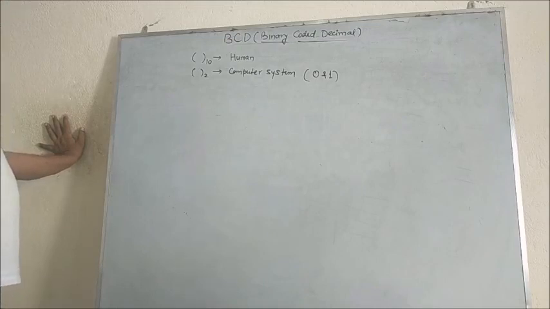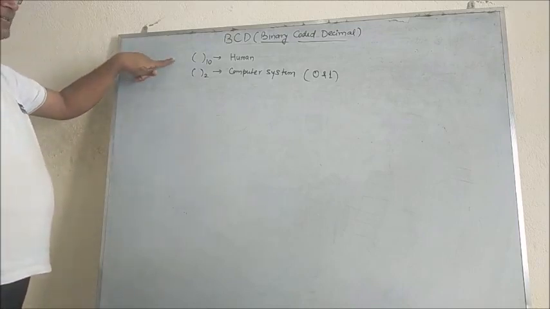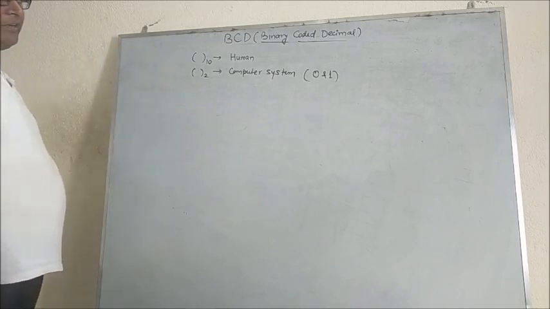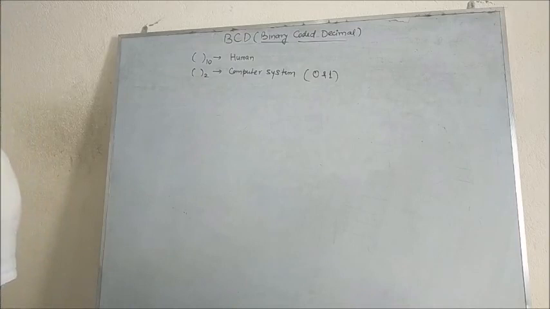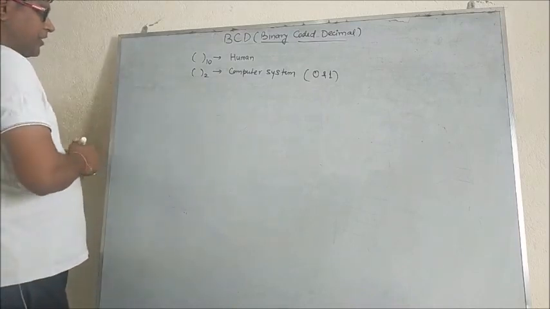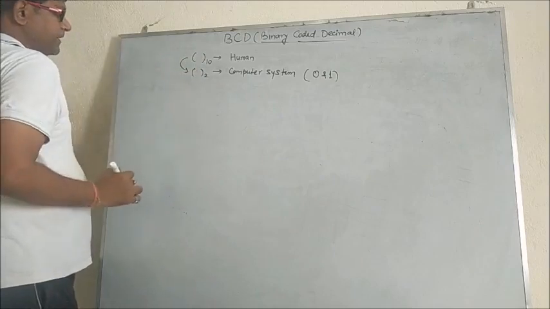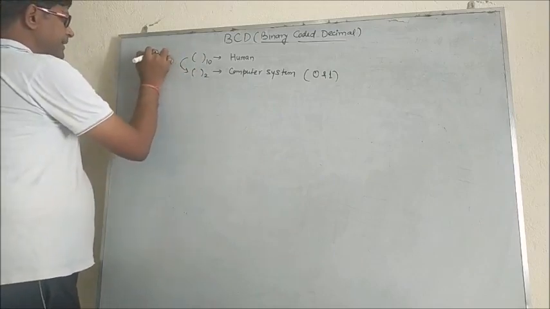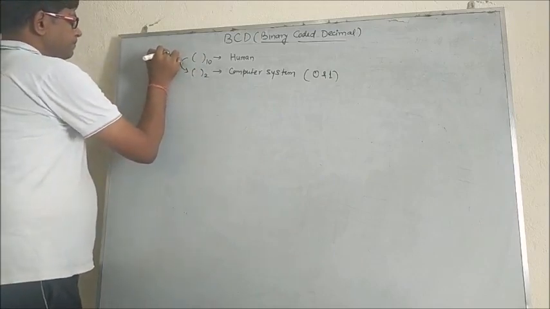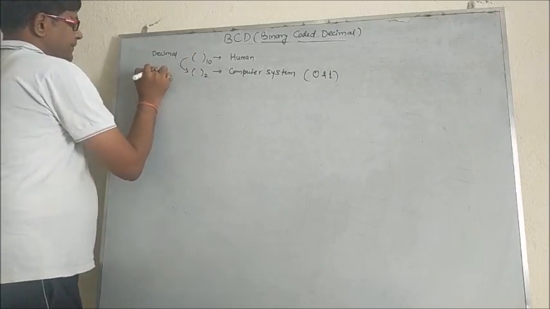And I will explain how exactly this decimal number system is converted into a computer system understandable form. So basically, to convert decimal number system to binary number system, here I am just writing decimal, this is binary.